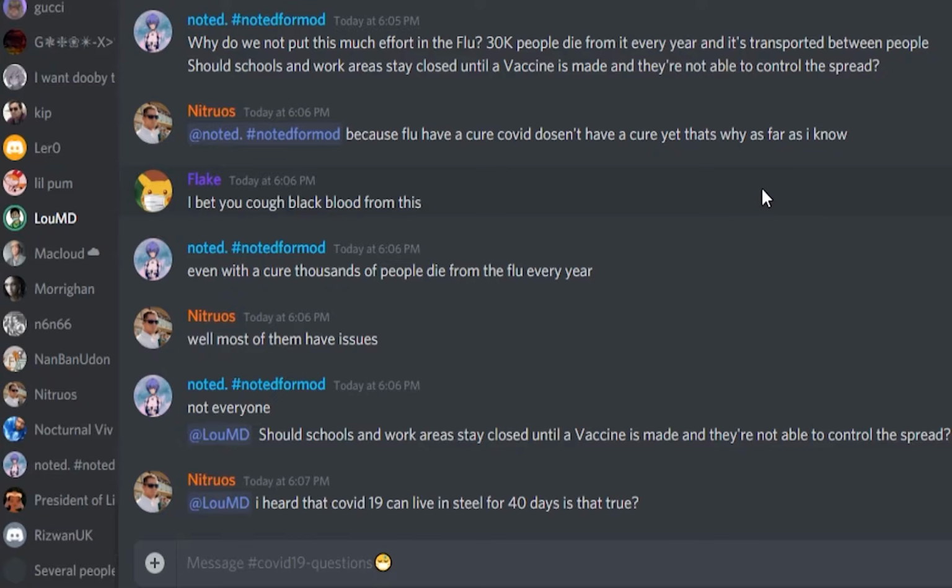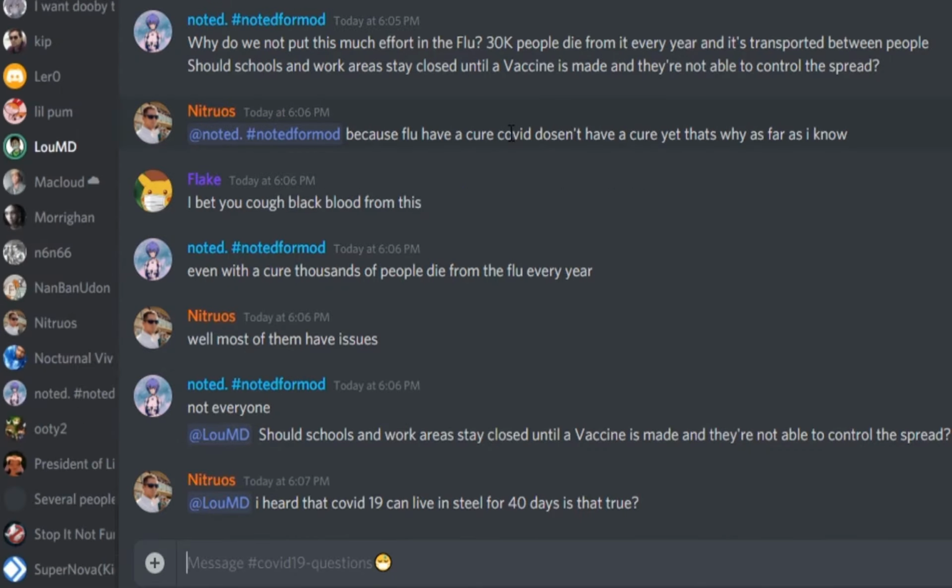Enveloped viruses are more susceptible to environmental conditions. You would think that they weren't, because they're covered up by something.